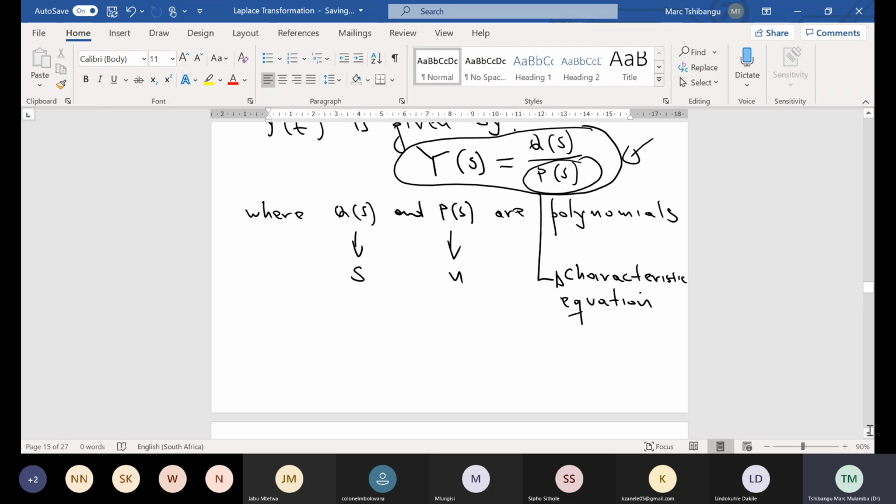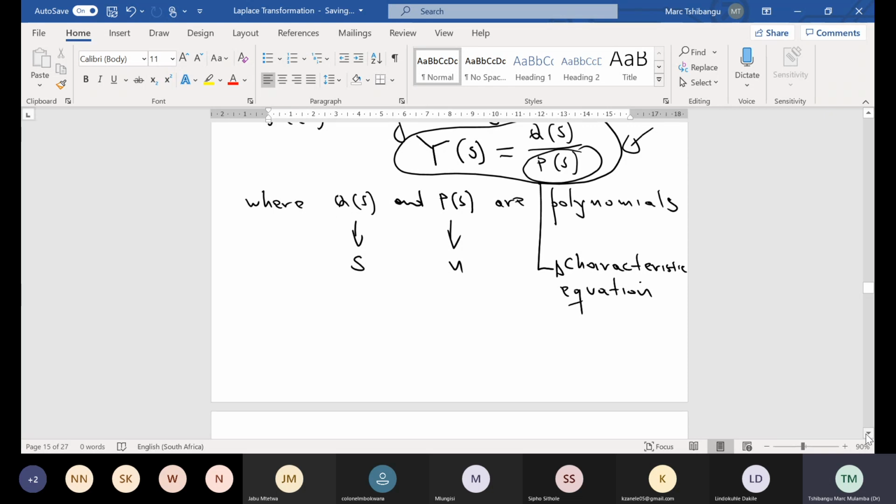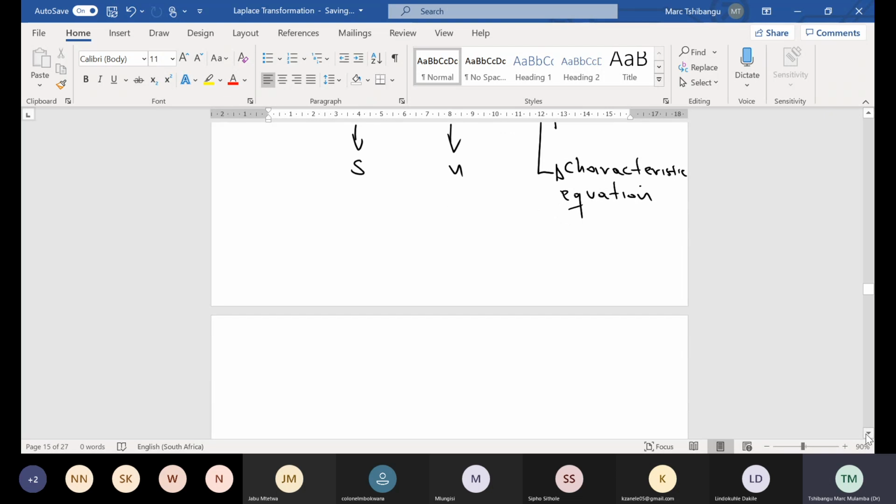Given a function in the S domain, how do you convert it to the T domain? Three steps are necessary. The first step is you need to expand the ratio Q of s over P of s into a series of fractions.